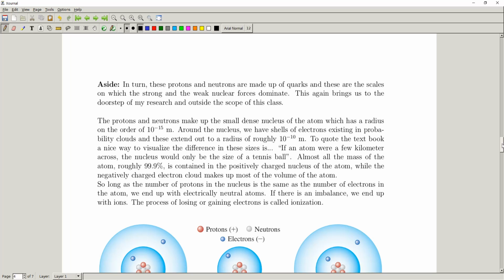So a nice way to visualize this, and this is a direct quote from the textbook, is if the atom were a few kilometers across, the nucleus would only end up being the size of a tennis ball, right?